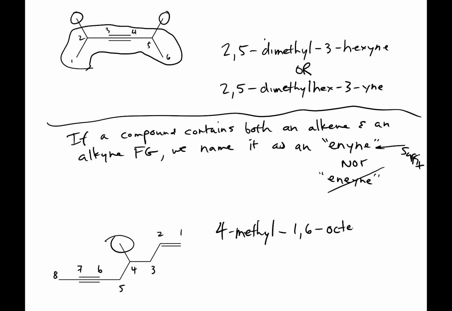Because it's oct meaning 8 carbons in the parent. So let's make sure I got that right. 4-methyl-1,6-octenyne, or again, same deal as before, 4-methyloct-1,6-enyne. Yeah. Sorry, I just got tripped up here. Methyloct-1,6-enyne, yeah.